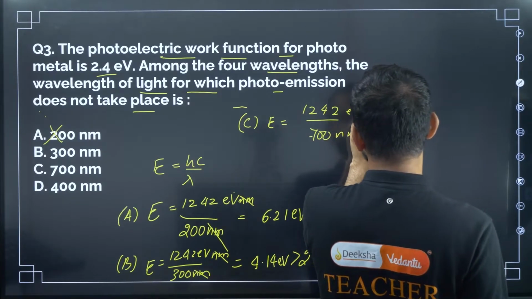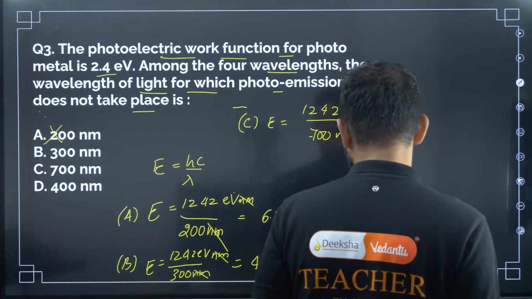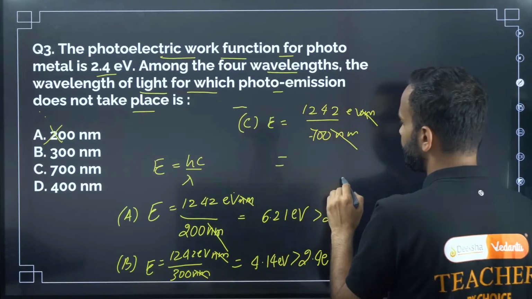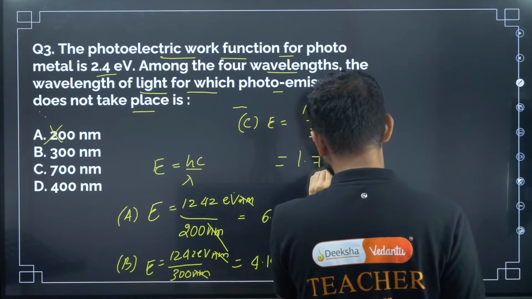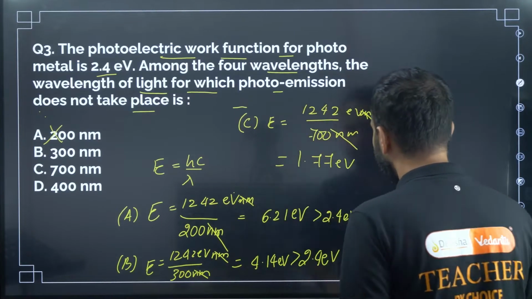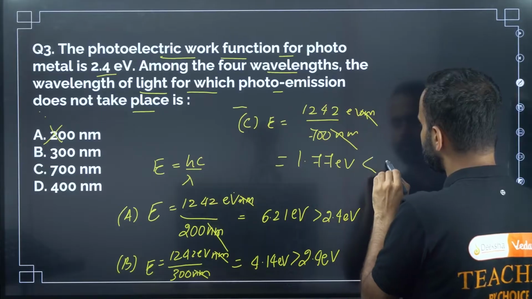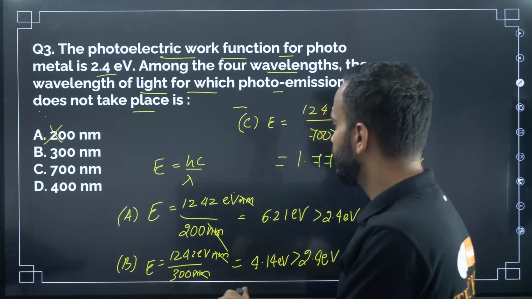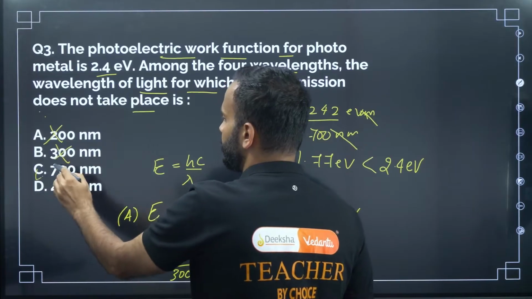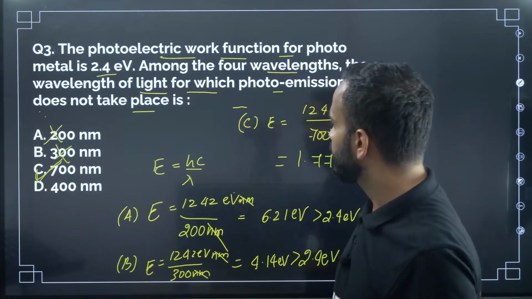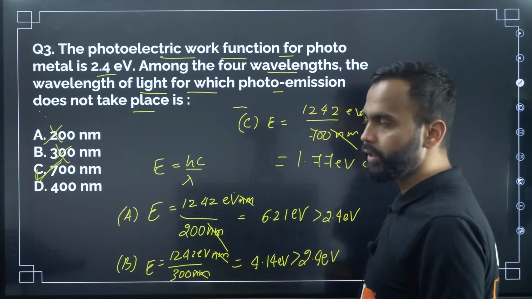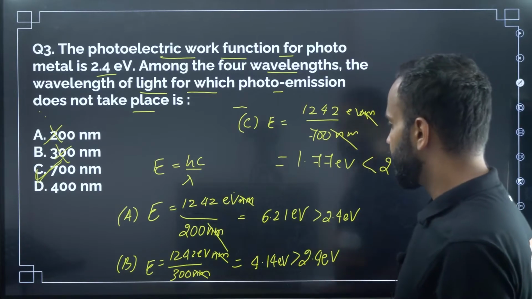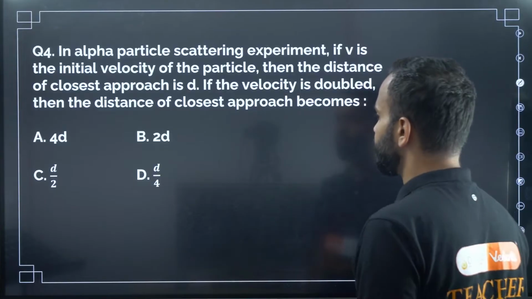Here nanometer will get cancelled. 1242 by 700 is 1.77 electron volt. So 1.77 electron volt is lesser than 2.4 electron volt, right? So for this wavelength, the photoelectric effect does not take place. So option C, 700 nanometer, is the correct answer. Next question, question number 4.